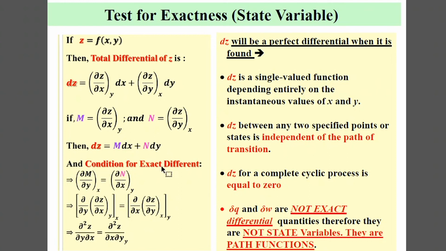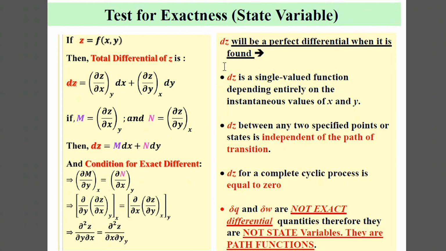The condition for exactness is when m is differentiated with respect to y, keeping x constant, and n is differentiated with respect to x, keeping y constant, you should have them equal.